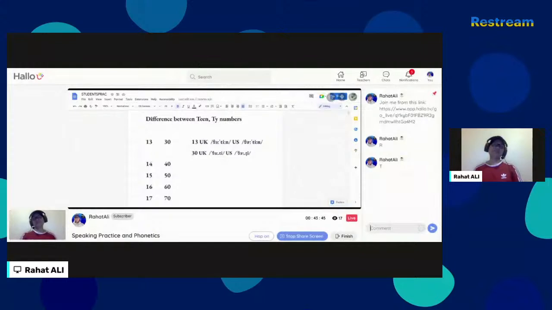Okay. Next one: was it fifteen or fifty? What do you think, guys? Let's find out. Fifteen, you see? So it is fifteen that is the correct pronunciation, not fifty. We are stretching the word and retaining it. We're not letting it go.